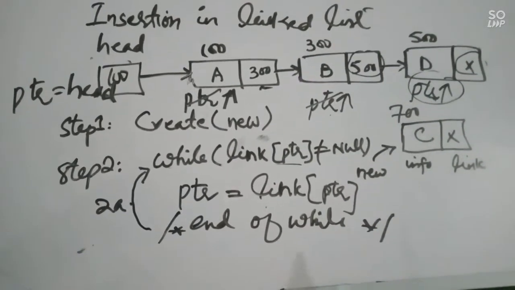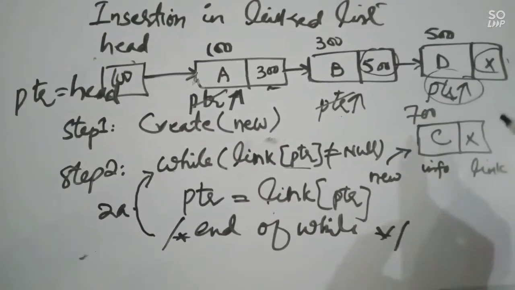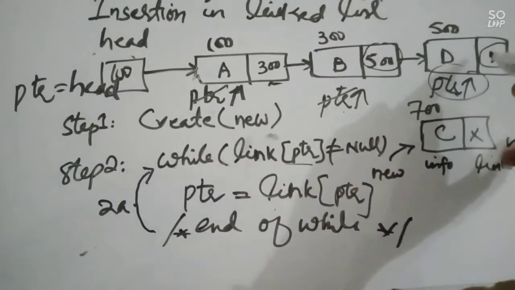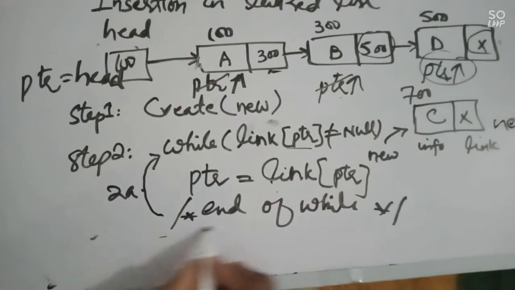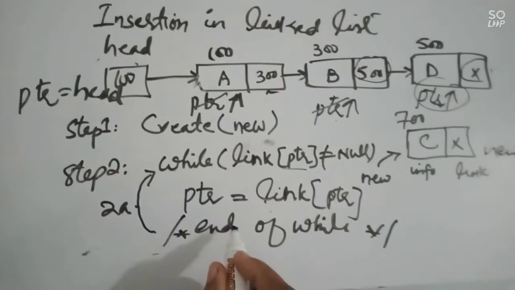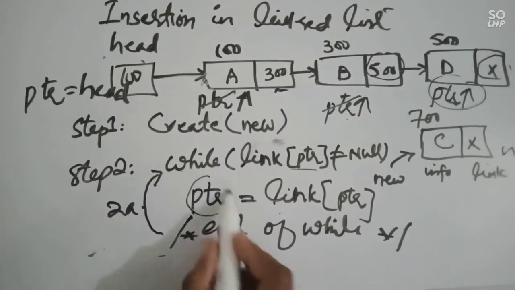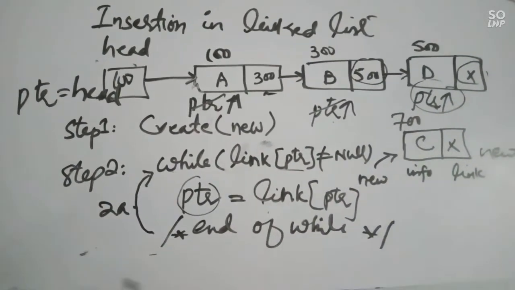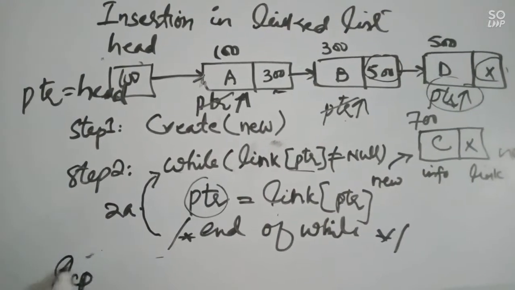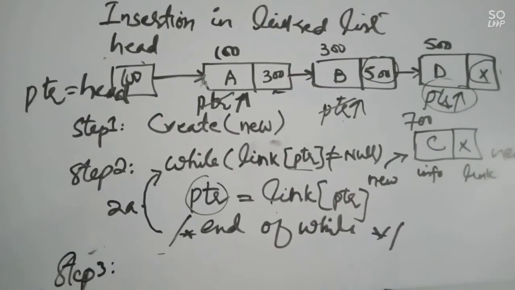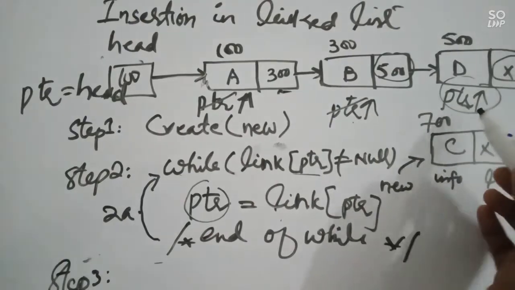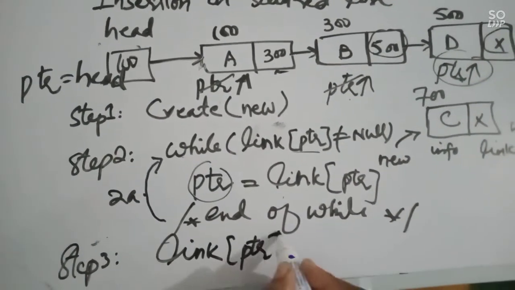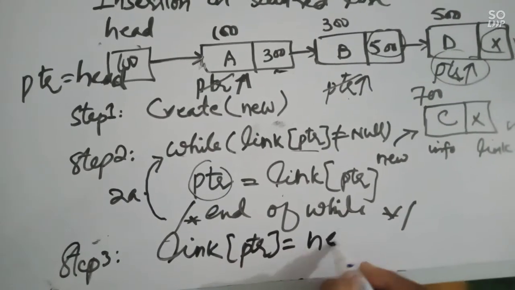Now we have to make a connection between the newly created node, new node, and the last node, right? So when this loop is terminated, we are assured that the pointer PTR will point to the last node in the list. Now we will make a connection between the newly created node. Simply what we will do, we will say that link of PTR is equal to new.